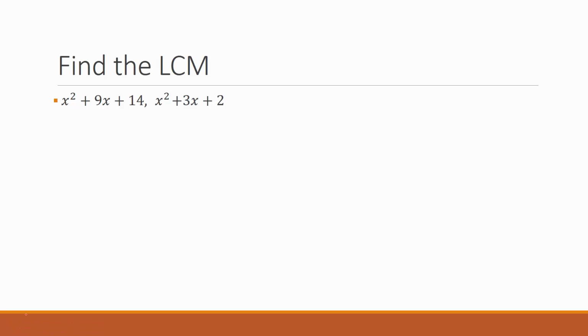Okay, now what if we want to find the least common multiple of these two trinomials? Well, again, you want to factor each expression completely, and then we'll use those factors to build our least common multiple.